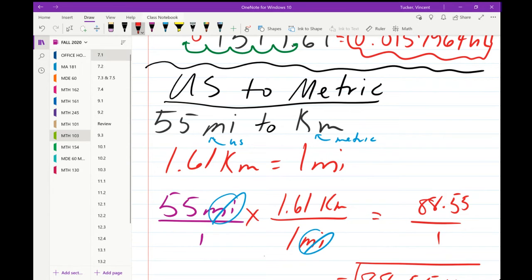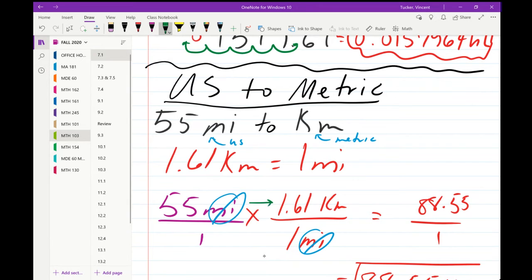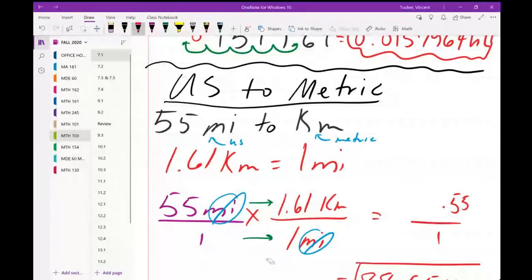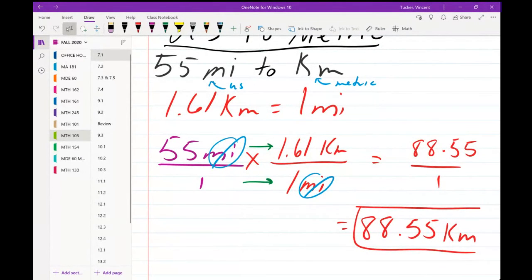So now you just multiply across. 55 times 1.61 should give us 88.55. And 88.55 over 1 will be how many kilometers that we have.